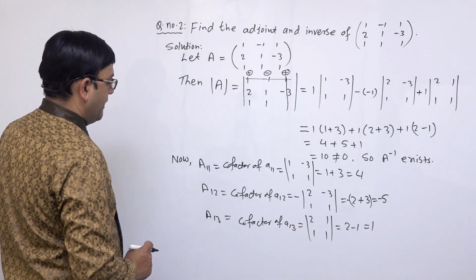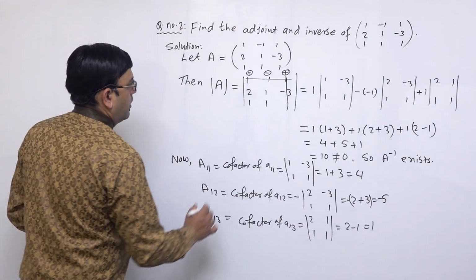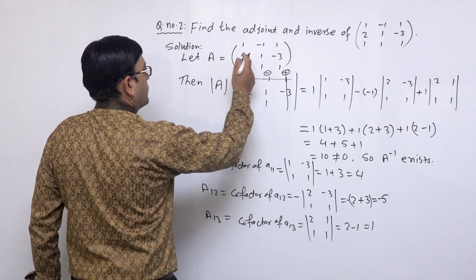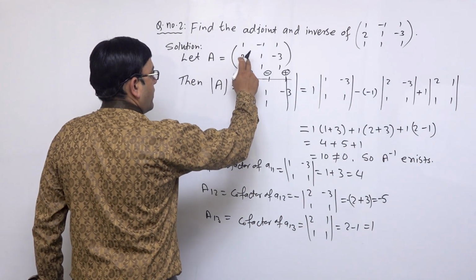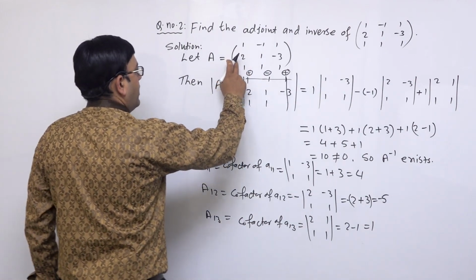Similarly, let's find the other cofactors. Now this is the cofactor of A21.